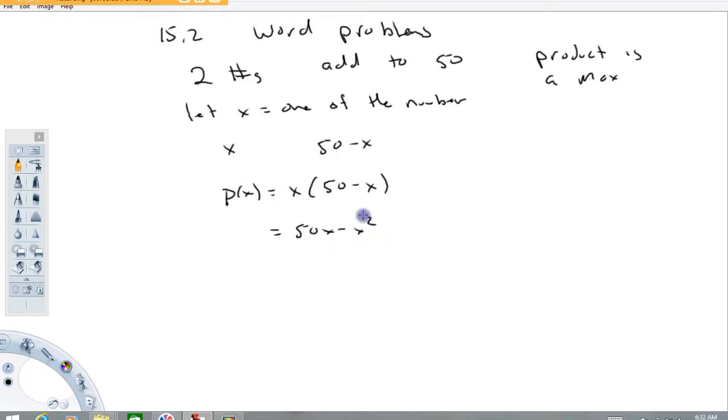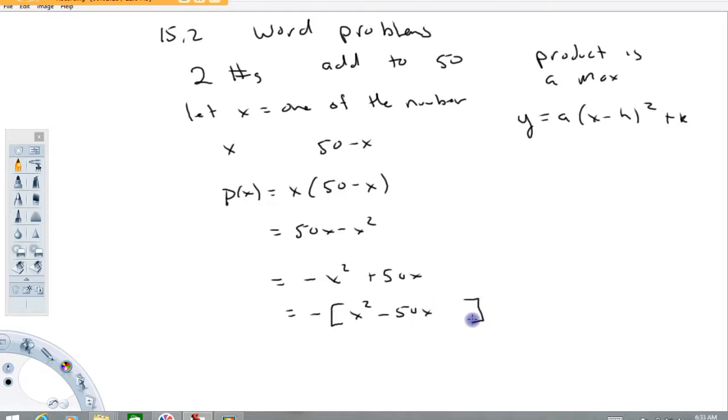Now remember that this is parabolic because of the 2 here, and remember standard form for a parabola. I'm going to write that over here. It looks like this, so we want to make this look like this. Let's rearrange this a little bit: minus x squared plus 50x. Let's factor this minus sign away from these two terms.